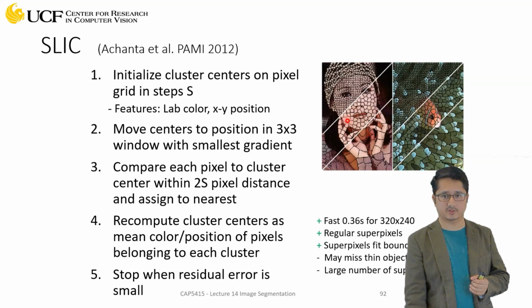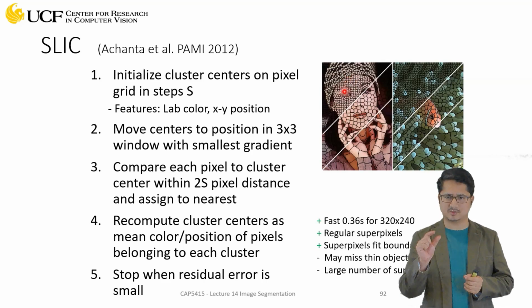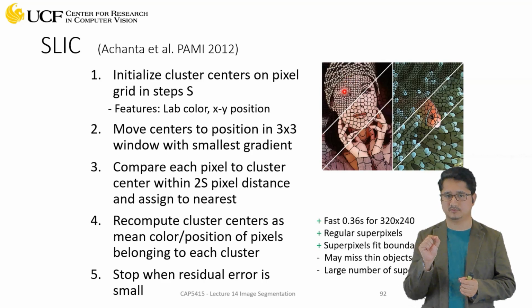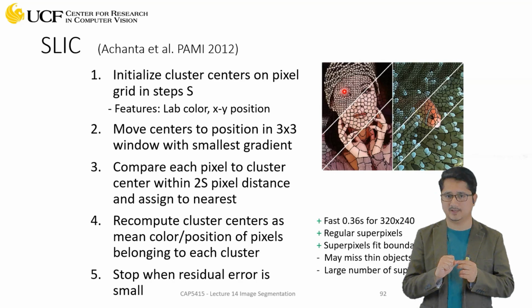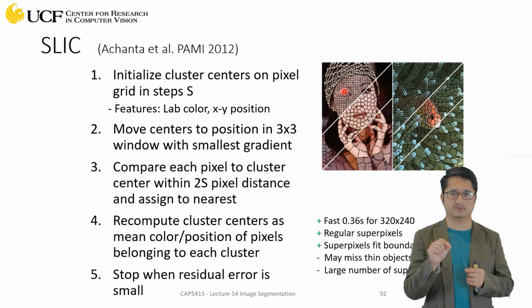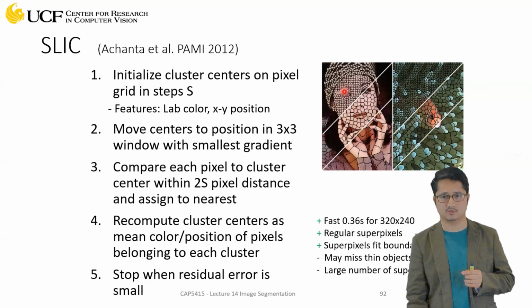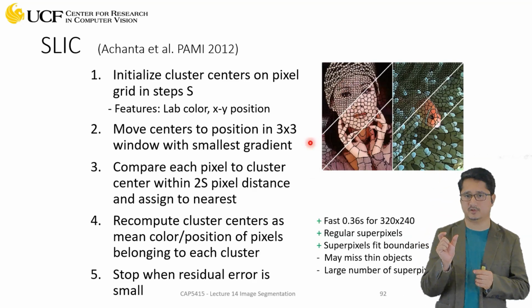And what you're going to do is use some properties of that pixel. It could be the RGB color, all right, so those three values, and it could be the location of that pixel, where exactly that pixel is located in this image. Okay, so we use those 5 different values.